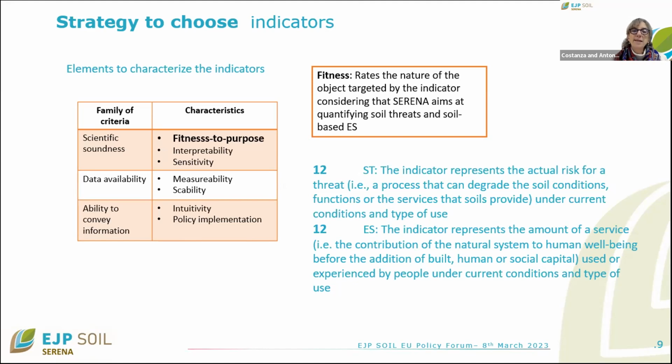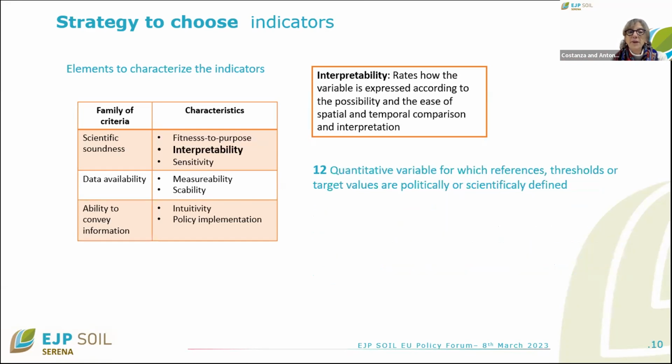The best indicator for soil threats represents the actual risk, and the best indicator, so score 12, represents the amount of service the soil supplies. The interpretability refers to how the variable is expressed, according to the possibility and ease of spatial and temporal comparison.